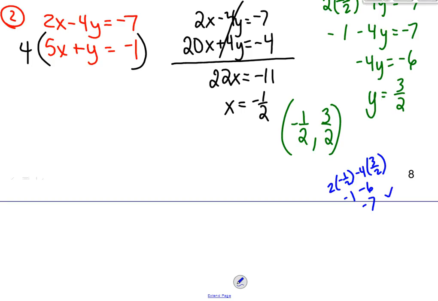So that one worked out. The other one, 5 times negative 1/2 plus 3/2. And so this is negative 5/2 plus 3/2, negative 2/2, or negative 1. So that one checked as well, just to make sure that I know things are happening as I want them to.